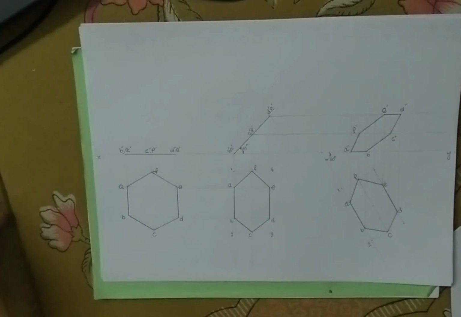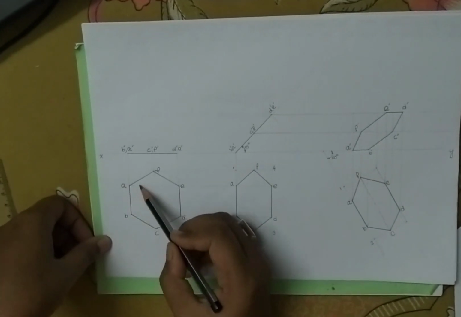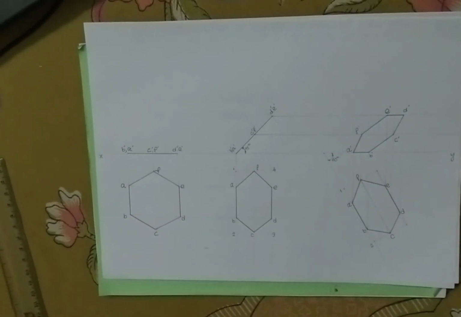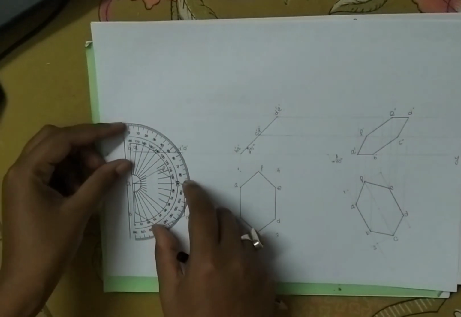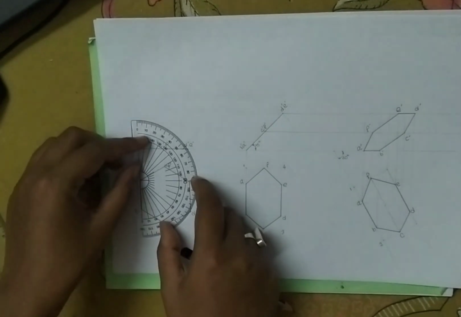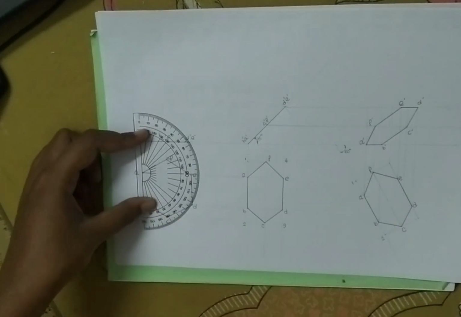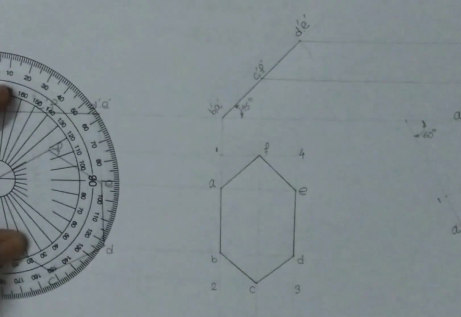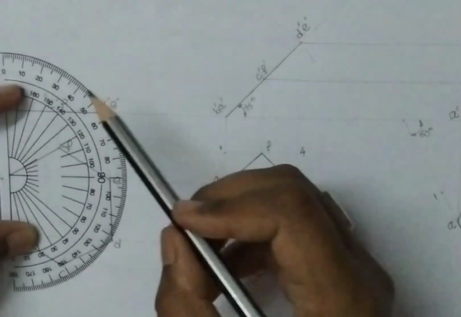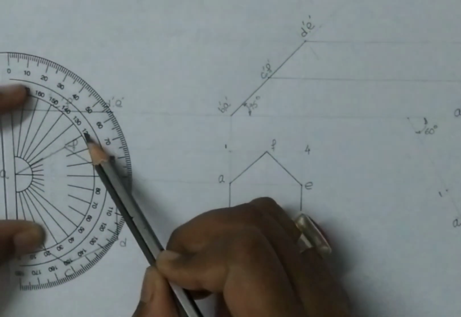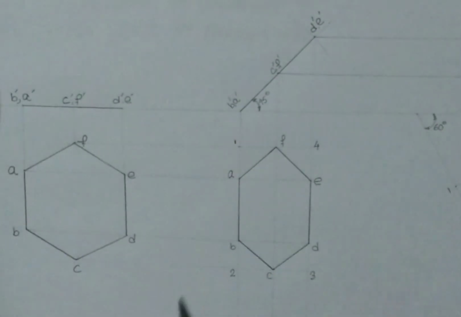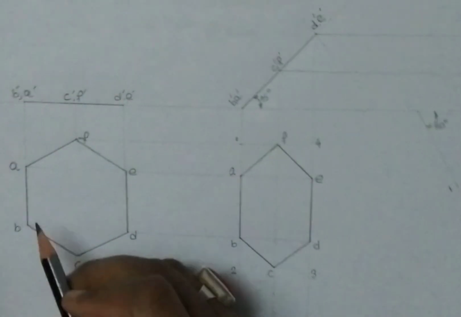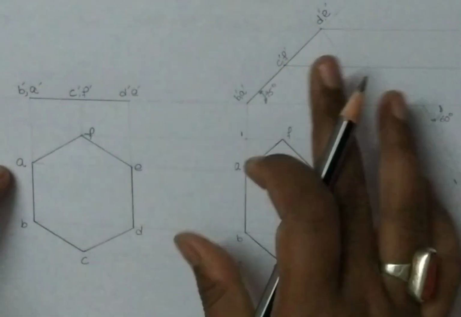Now as this angle is 120 degree, you have to place your protractor at this point, and this is 120 degree. So make a line like this. And here also this angle is 120 degree.